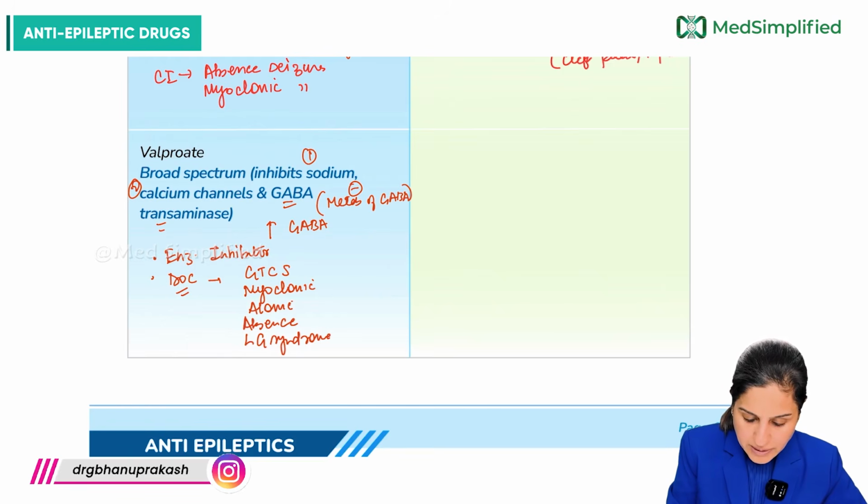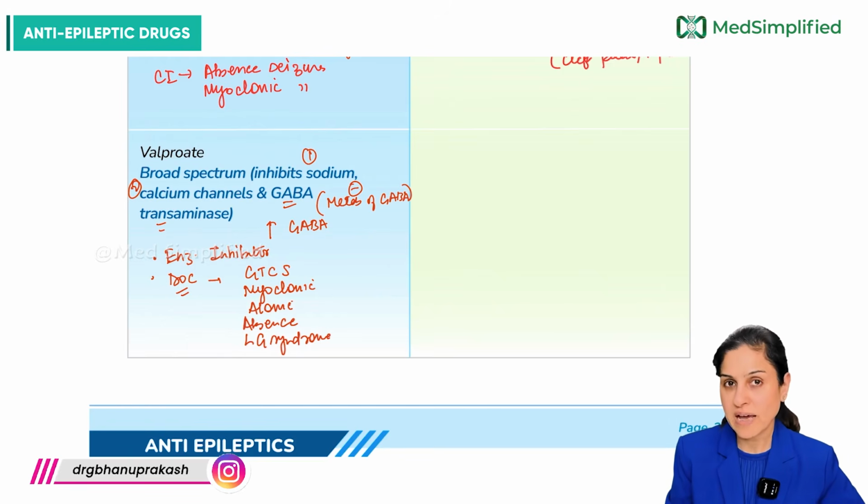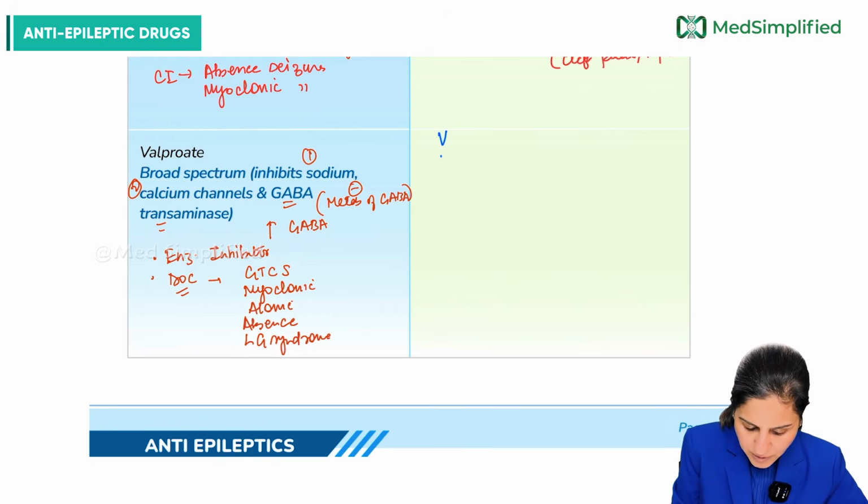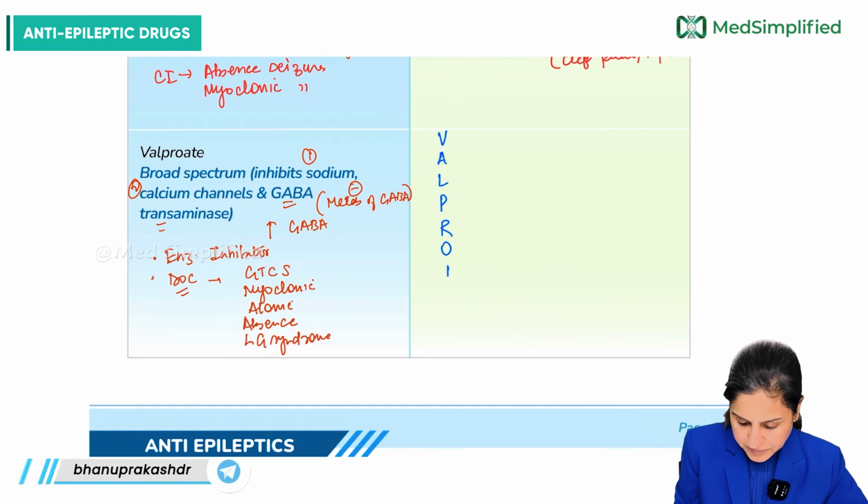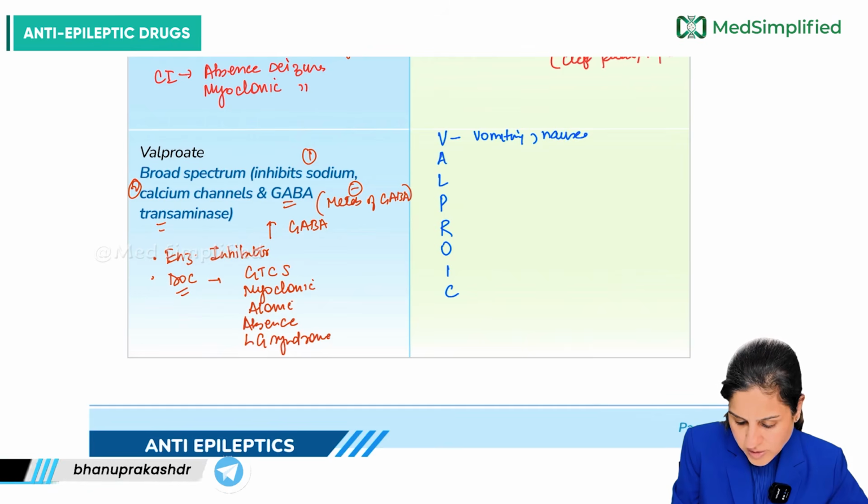Now, what are the important adverse effects of valproate? Very, very important as well. So remember another mnemonic here. Simply you have to remember valproate. V stands for vomiting, so it can cause vomiting as well as nausea.